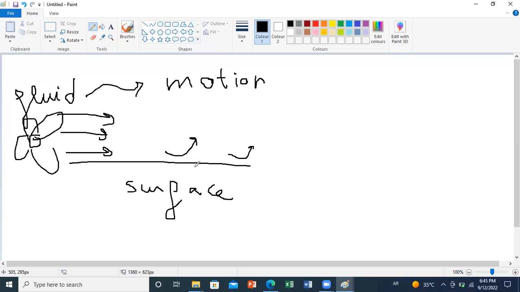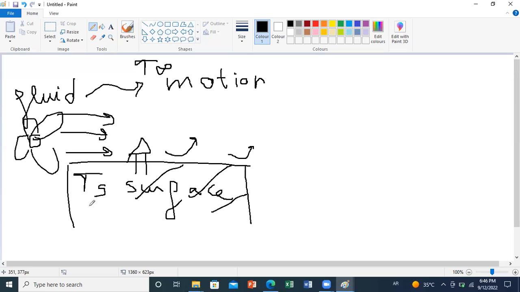In this case, for example, let's say you have the surface at a temperature Ts and the fluid is moving at a temperature T infinity. Let's say T surface is larger than T infinity, then the fluid motion will transport heat with it from the surface. And since the surface in general is a solid surface, we say that convection is a combination of conduction and fluid motion.